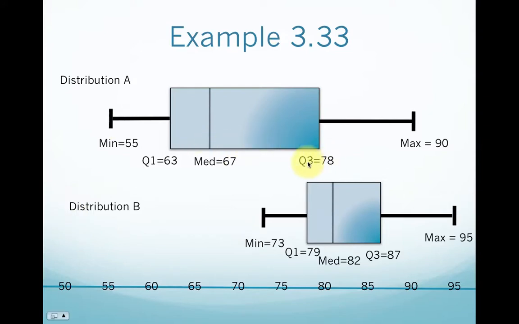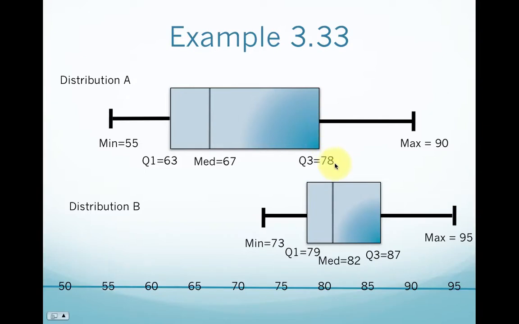The 75th percentile, or Q3, for distribution A is a score of 78. The 75th percentile for distribution B is a score of 87.